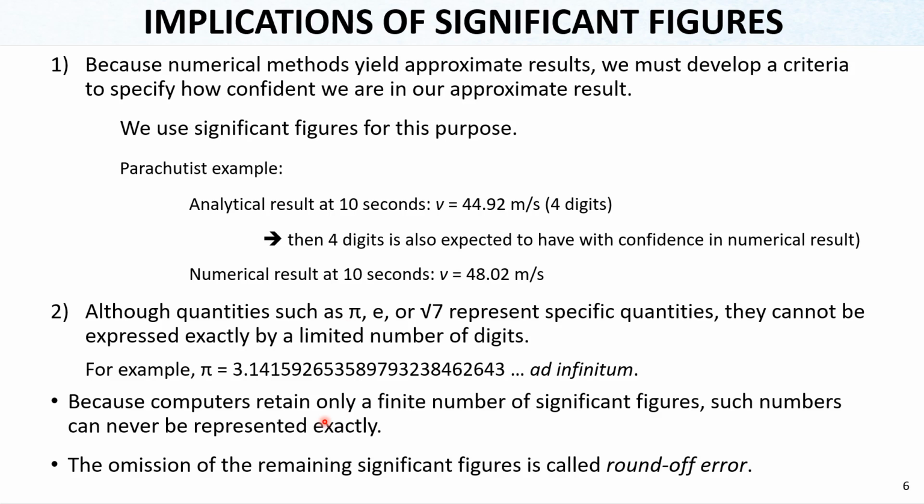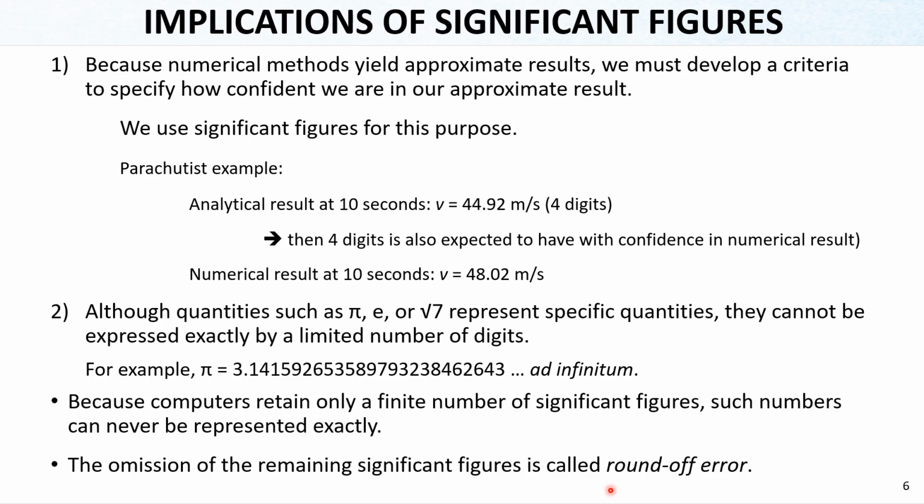And the cutting off point is actually based on the power of the computer, because computers only represent a finite number of significant figures. Maybe this can be shown in a computer, but in a calculator, or a computer as well, maybe we can only see the first 7 or 8 figures. So the omission of the remaining significant figures is called round-off error. Basically, because we just omit some numbers in computers, we have a round-off error for the exact value.